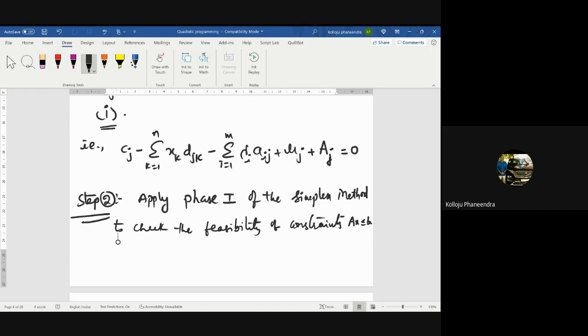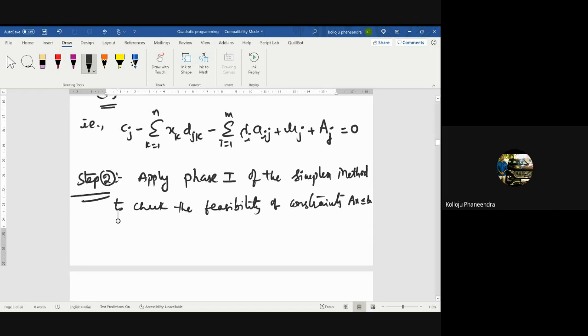Now, to obtain the desired feasible solution, solve the following problem.